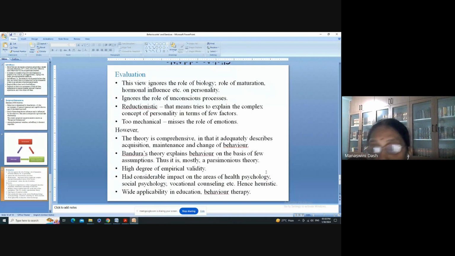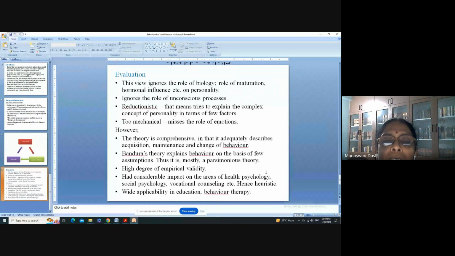Then let us evaluate Bandura's theory. Bandura's theory ignores the role of biology, role of maturation, hormonal influences, etc. on personality. So biological factors are ignored. It also ignores the role of unconscious processes.